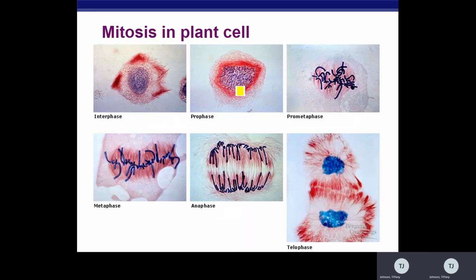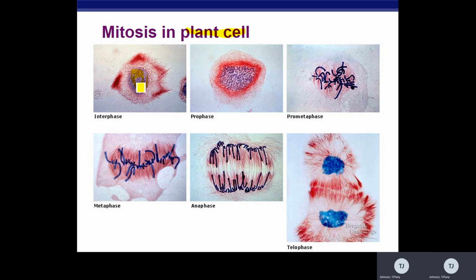All right, so this is what mitosis looks like. This looks like probably a shark cell. I feel like I've seen this one. Nope, plant cell. I lied to you. Sorry. So here's interphase.